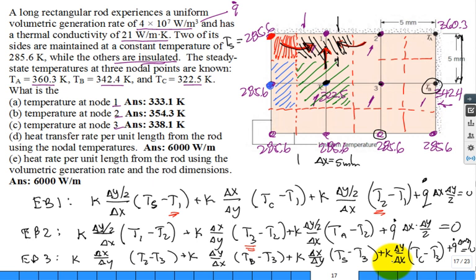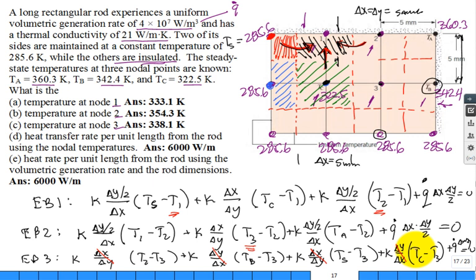Now, if delta y is equal to delta x, which is true for this problem, they're the same. Then even if you mess up delta x over delta y in the equation, it really doesn't matter because they're going to cancel. See that this is just 1, 1, 1, 1. But if delta x was different than delta y, then you'd have to double check to make sure.